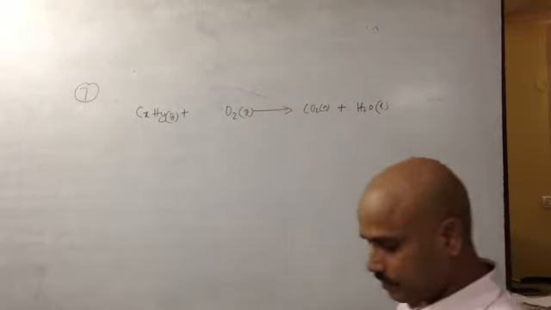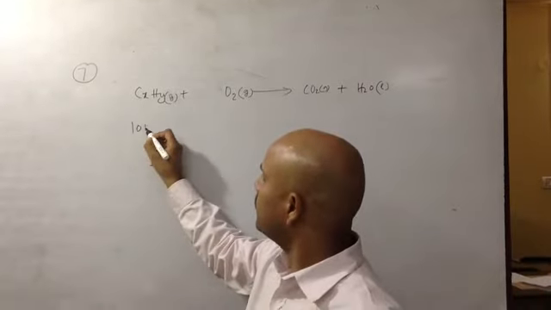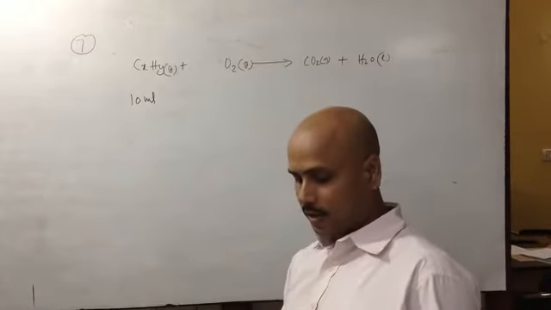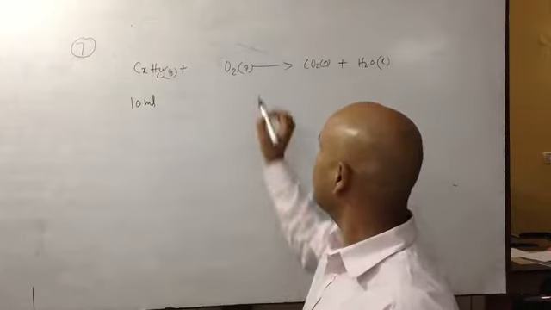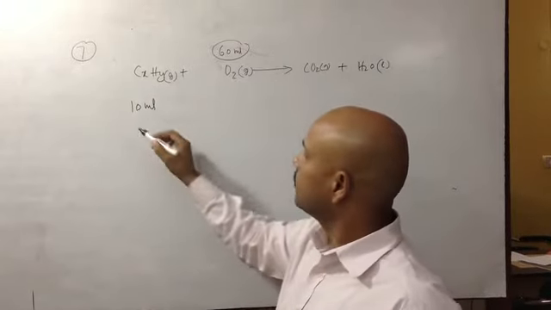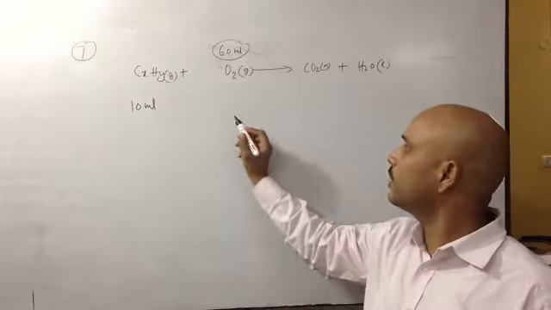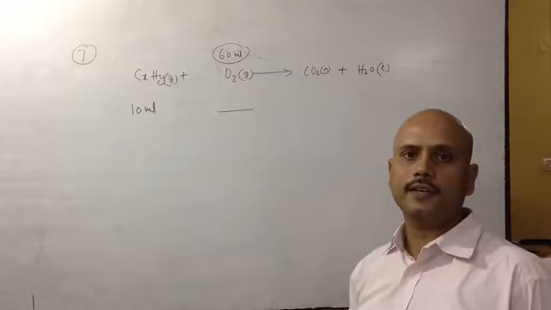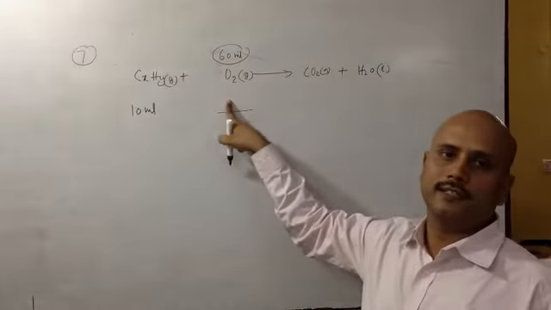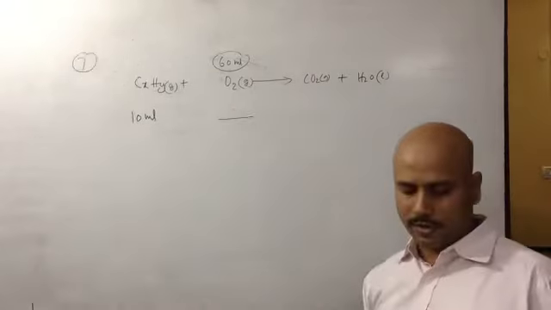Now, it is given 10 milliliter of gas reacts with 60 milliliter of oxygen. Keep in mind, it is 60 milliliter of oxygen, but it is not necessary that the entire oxygen will react. Therefore, we are not going to write the amount of oxygen which has actually reacted. We have to subtract the unused oxygen and put that value here.